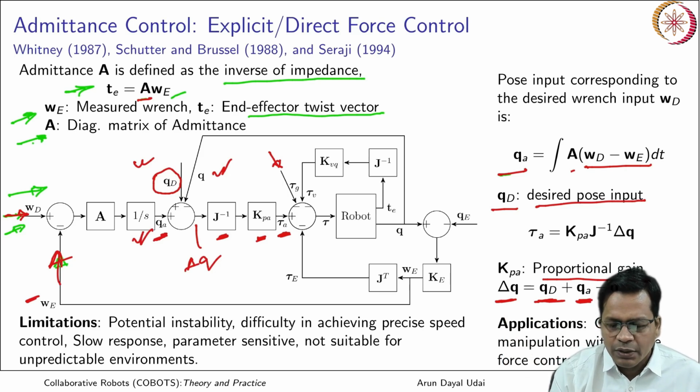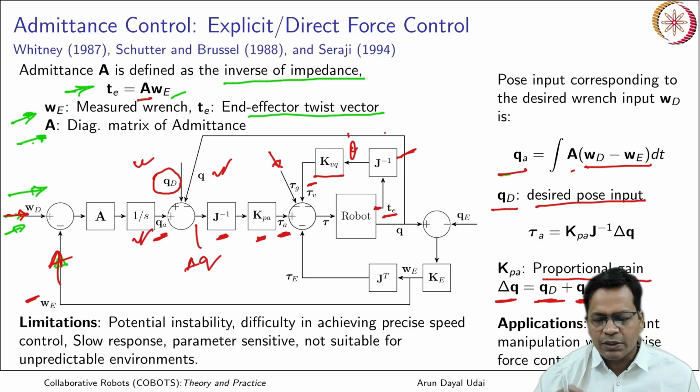Now, this is the twist which is sensed or calculated by the robot forward kinematics, that is the end effector twist. The twist multiplied by the Jacobian inverse gives me theta dot, the joint rates, which multiplied by the viscous friction at the joints should give me the torque due to the viscosity or damping at the joints.